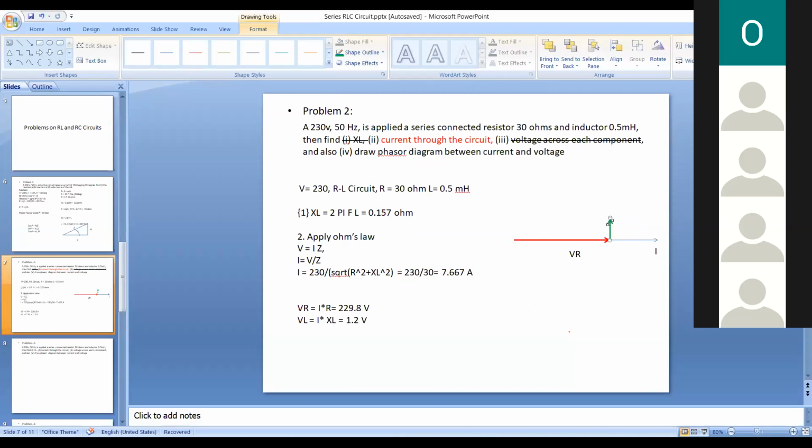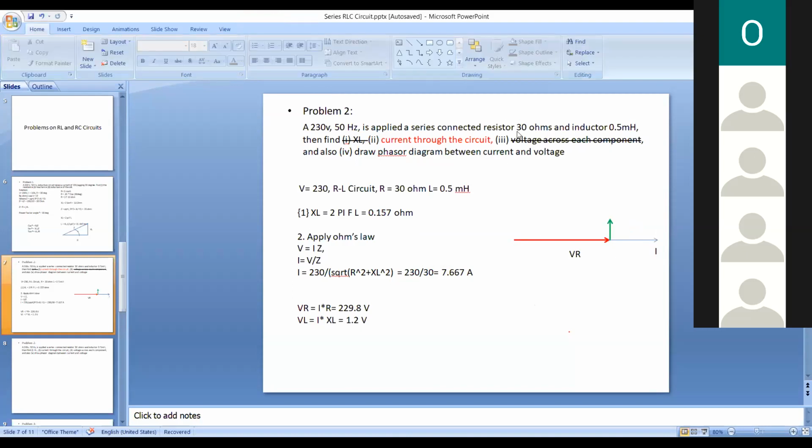Let me slightly extend this line. So this is VL, having very small vector length. And then the resultant. The resultant can be given by the closing side of the right angle triangle. This is the resultant, which is V. So V is equal to 230 volt.